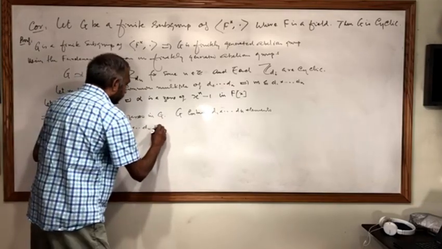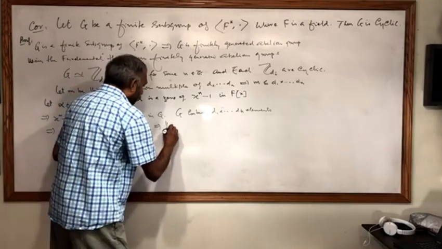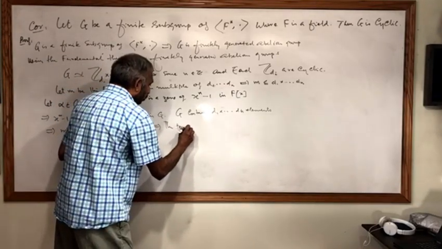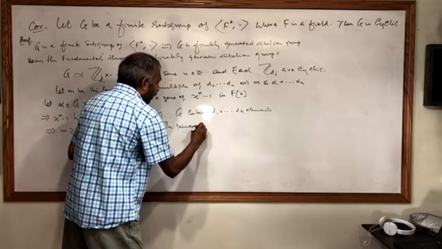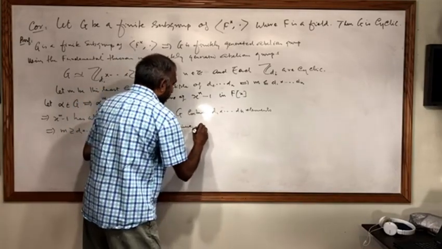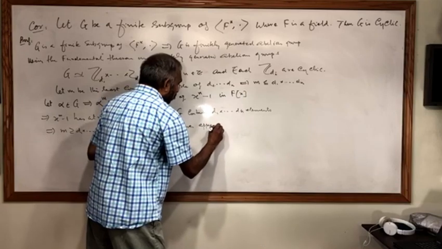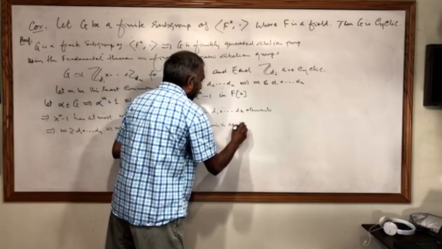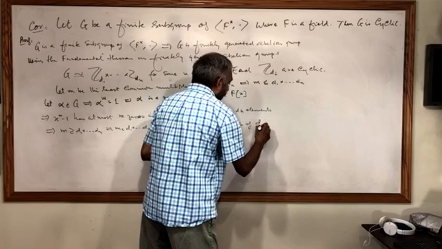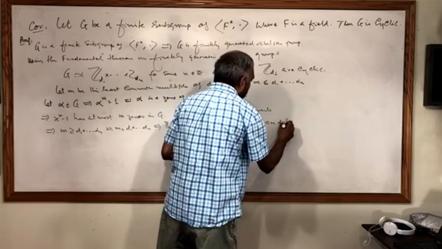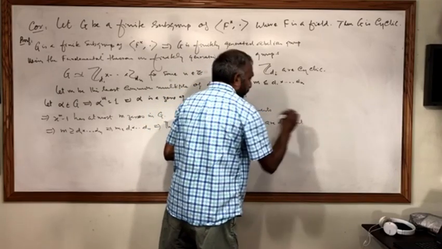That implies the primes appearing in each of the di's are different.